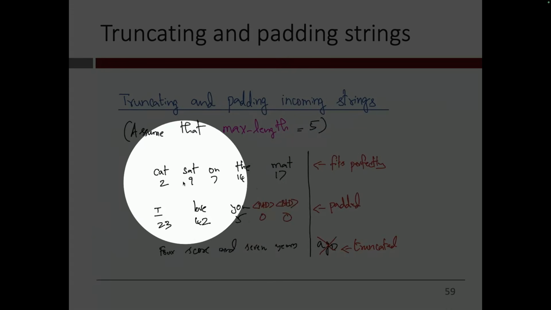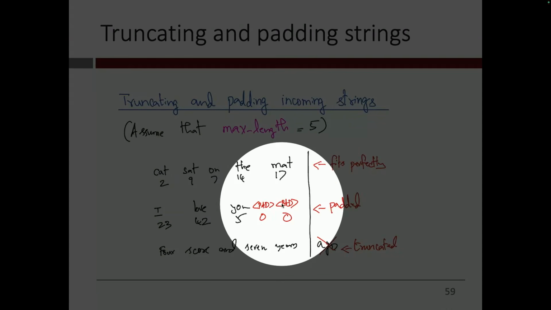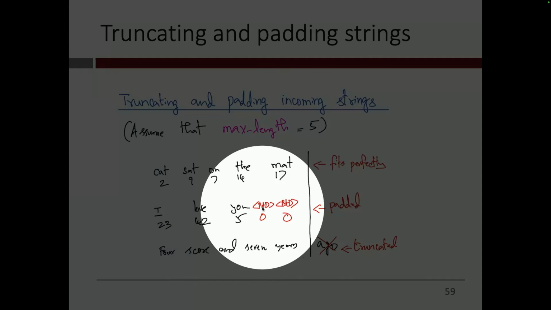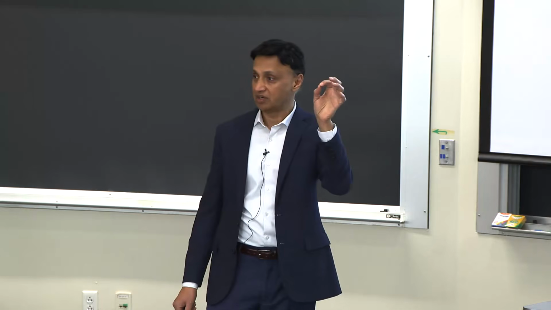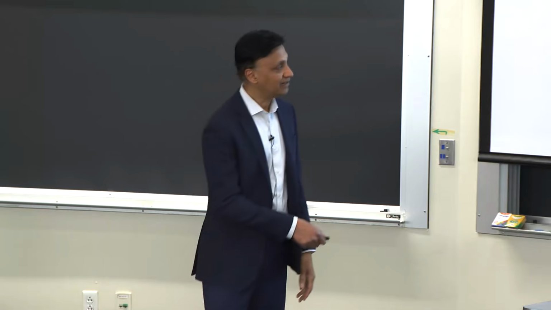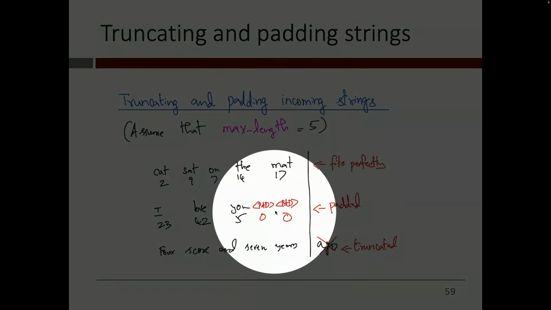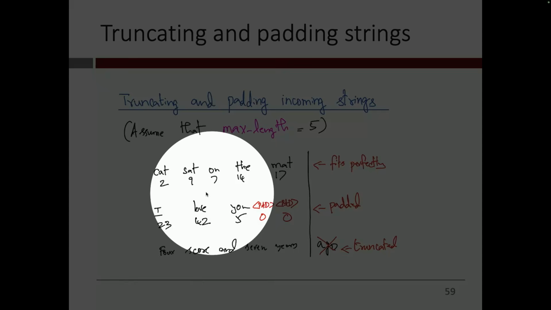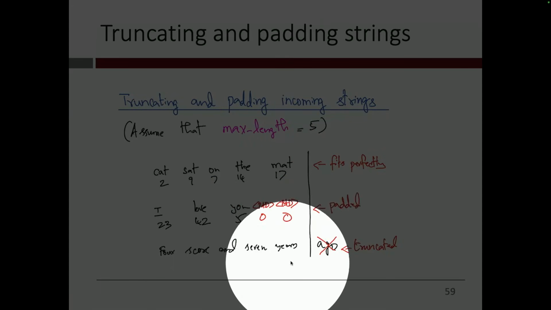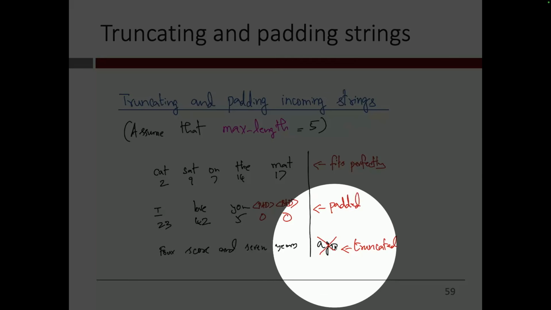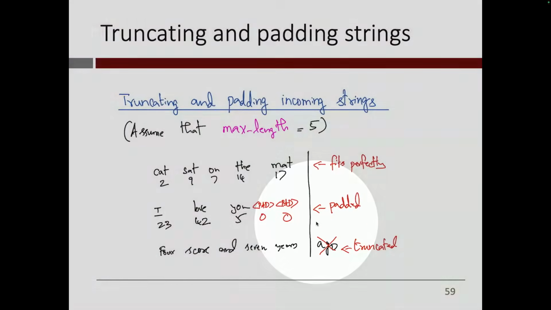But if something is smaller, I love you is only 3 of these things, we pad it with something called the pad token. The pad token is a special token which we use for padding, and Keras will use zeros for these paddings, so that it fills it up all the way to the end. And if you have something which is much longer than 5, you just truncate everything else and use the first 5. So this is what we do to get all the sentences to be of the same length.